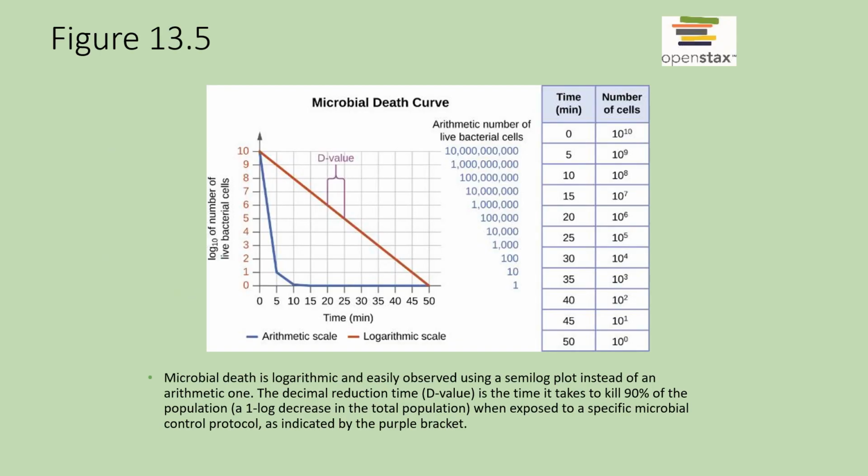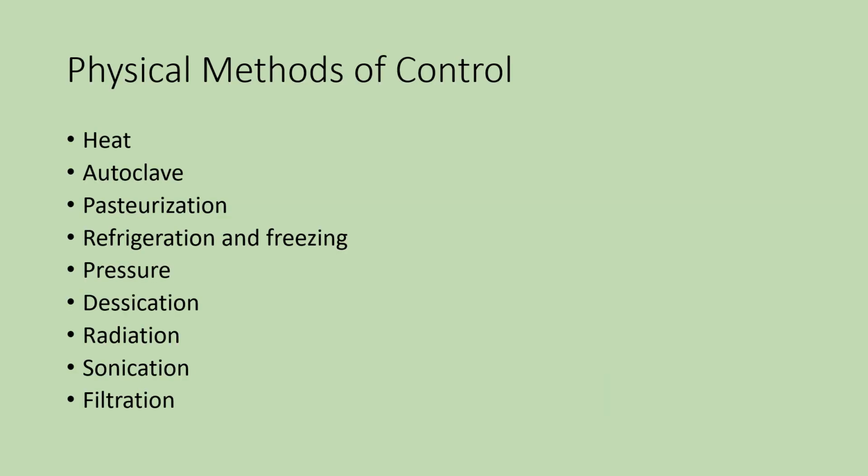Are you talking about bacteria? Are you talking about viruses, etc.? And so they will actually test this to see at what point 90% of the organisms are killed. Realistically, killing all of them is sometimes not feasible, so that's why they look at 90%.